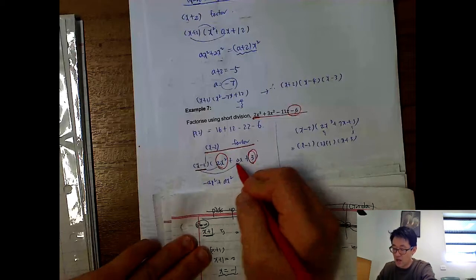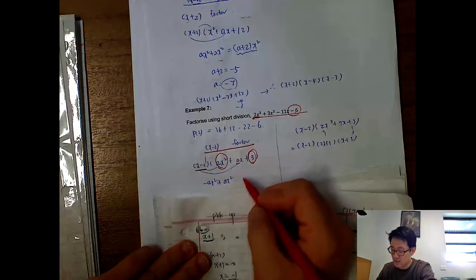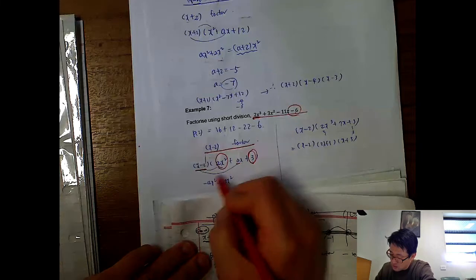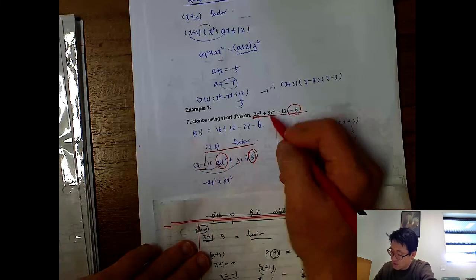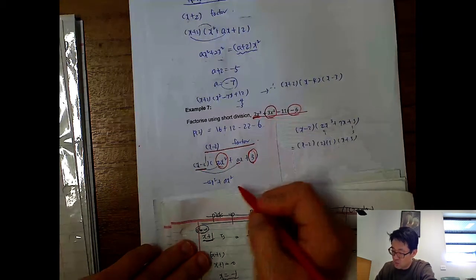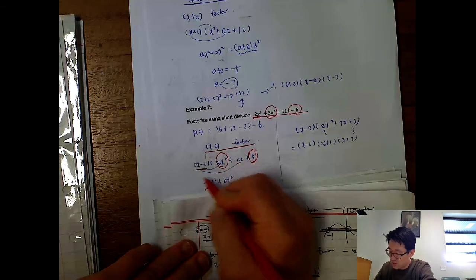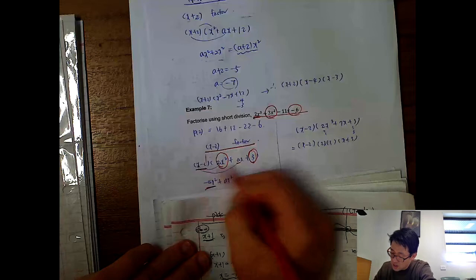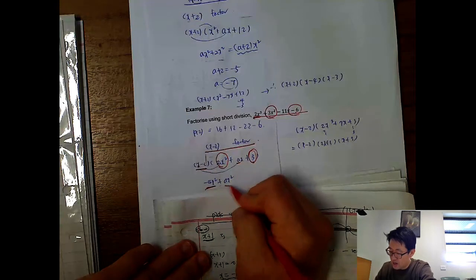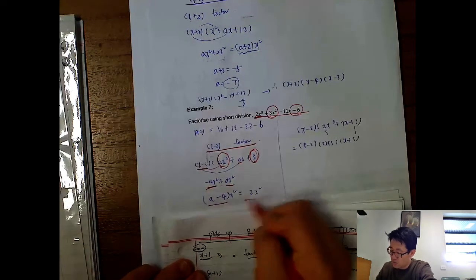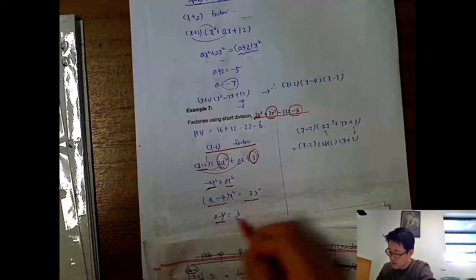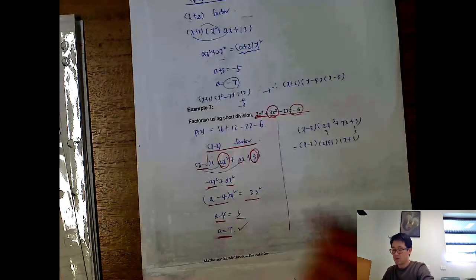And then I use a here, it doesn't really matter, it's just a letter. Again, same thing. What should give me 3x squared? Minus 2 times 2x squared, so minus 4x squared, and then x times ax, so ax squared, therefore that's what I get. This a equals 7.